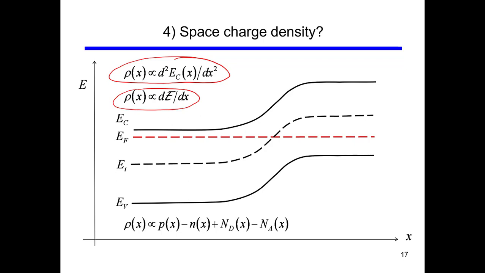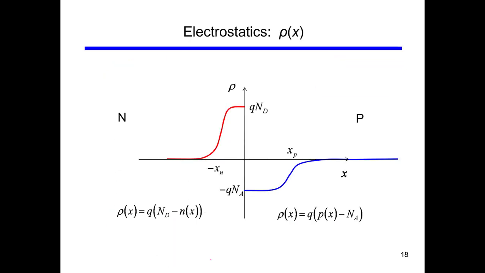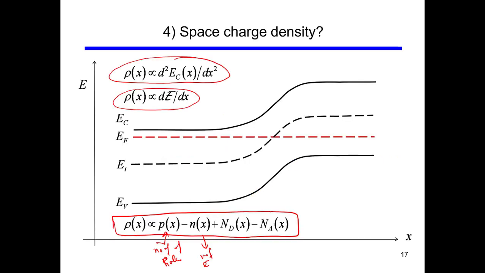Calculating the second derivative is difficult, so we have an alternative formula, which is this one: the space charge density is proportional to this, the number of holes, and this is the number of electrons.